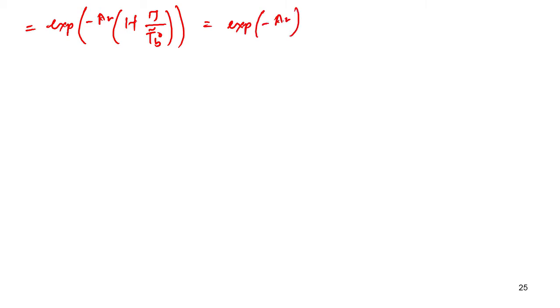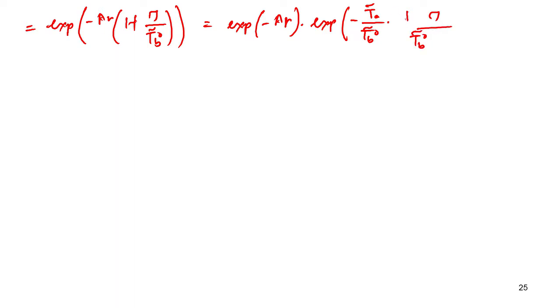This is what we had: exponential of minus Arrhenius number times 1 plus tau by t_b0 tilde, and this can be essentially written as exponential of minus Arrhenius number times exponential of minus Ta tilde by t_b0 tilde times tau by t_b0 tilde.